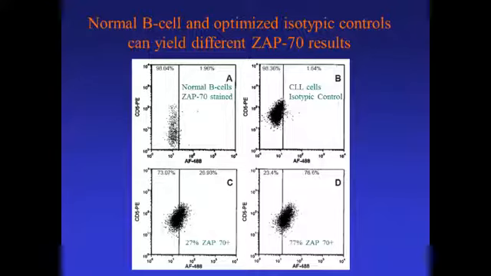The top panel to the right shows a CLL case stained with our optimized isotypic control. You can see that if you use that isotypic control and stain the CLL cells with ZAP, you get a much higher value for our isotypic control than with the threshold generated by staining the normal B cells with ZAP. So the bottom line is there are some differences here, and I could go into why we think there are differences.